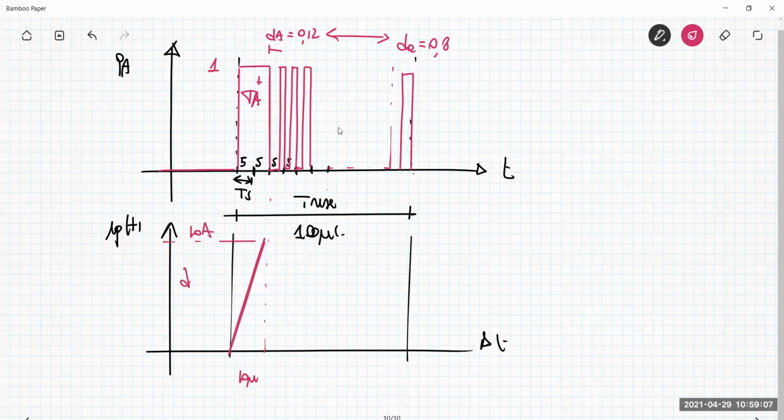The slope is exactly 1 amp per microsecond, so it is the maximum admissible. And then for the other periods, I have something like this.